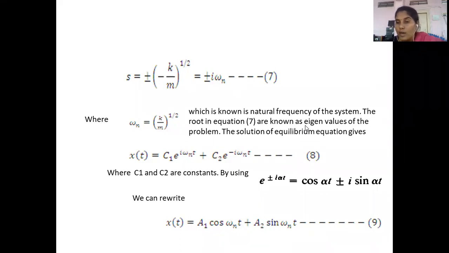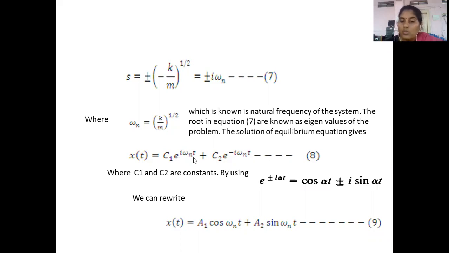We have to solve these two parameters, but we got this value of s in terms of s1 and s2. So x of t becomes c1 into e raised to s1t plus c2 into e raised to s2t. Now what is the value of s1? That is plus i omega n, and the value of s2 is minus i omega n.